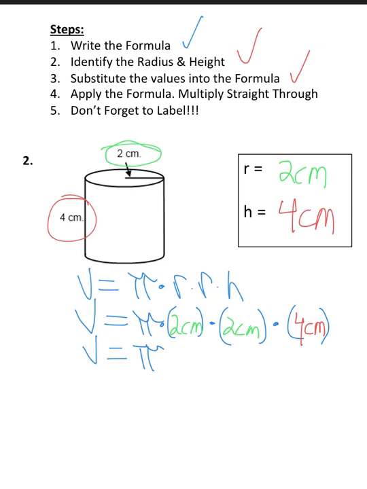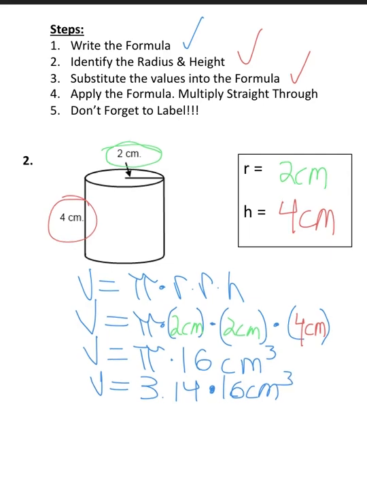Remember, it's 2 centimeters times 2 centimeters, which will give us 4 centimeters squared. And then times another 4 centimeters will give us 16 centimeters cubed. And the last thing we have to do is remember pi is 3.14 times 16 centimeters cubed.